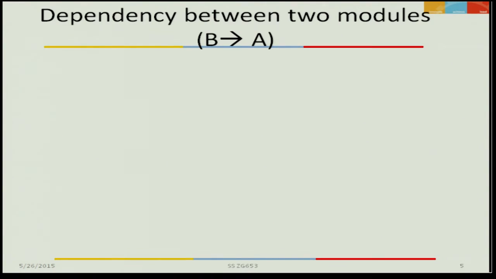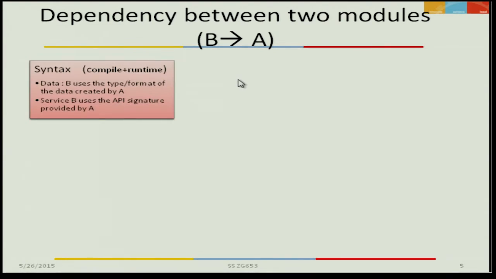To look at these tactics in detail, we need to first understand the dependency between modules and what kind of dependencies might exist. So to explain that, I have used a notation B arrow A. That means that module B is dependent on A. And now let us see what are the possible dependencies that exist.